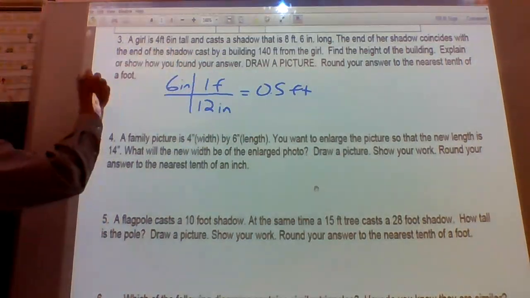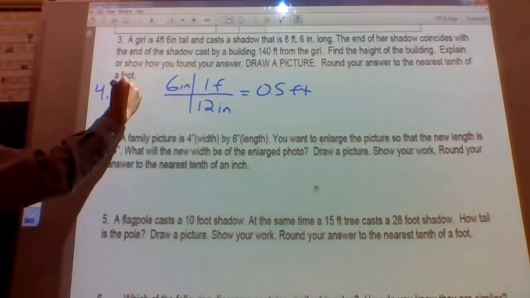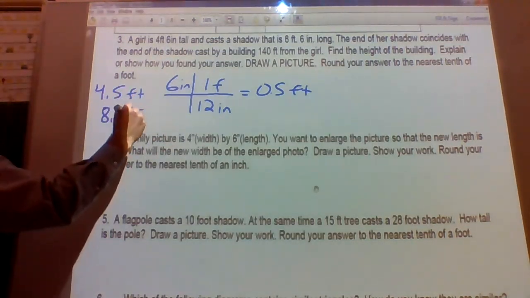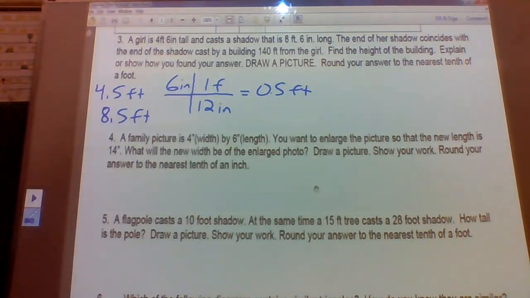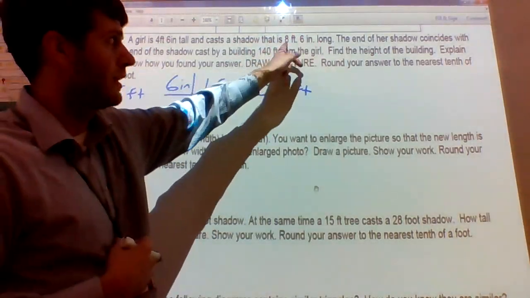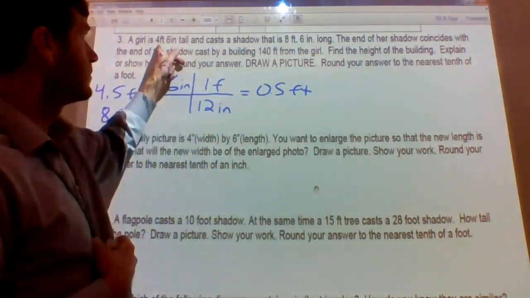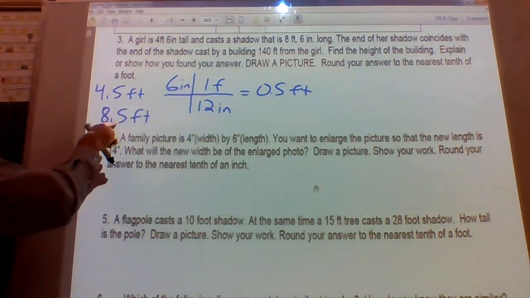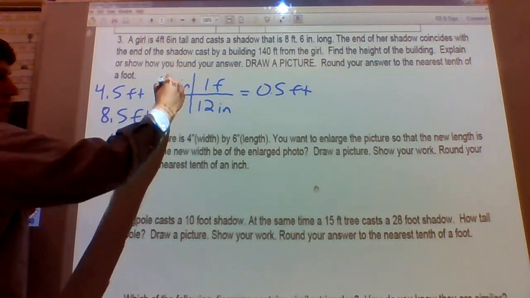So these numbers are going to become 4.5 feet and 8.5 feet. Okay, it's not 4.6 and 8.6. It's 4 feet 6 inches tall. 6 inches is half of a foot, so it's 4.5 feet tall, 8.5 feet. This is 8 and 6 out of 12, 4 and 6 out of 12. Okay, so we're going to go with 4.5 feet and 8.5 feet.